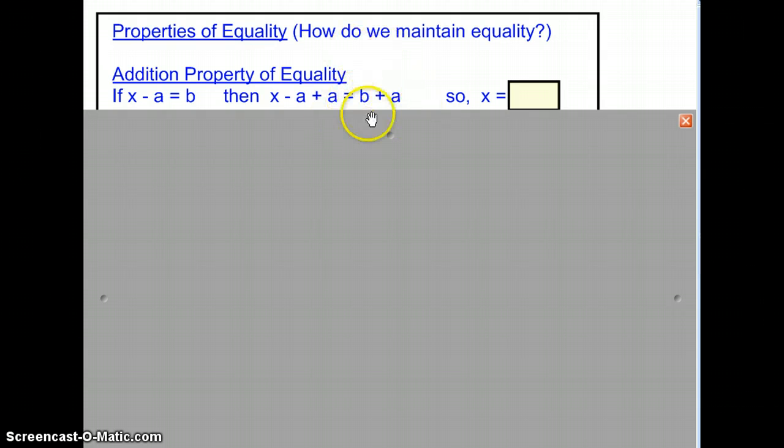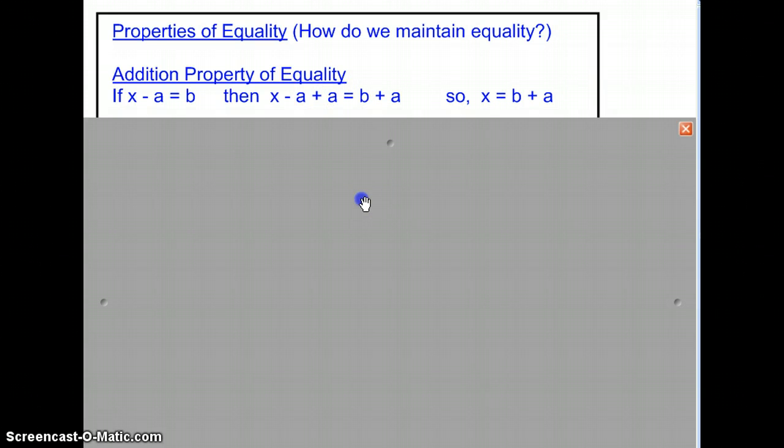Is there a way to change or simplify b plus a? No, I mean, we don't know what they are, right? So we're going to have to leave it b plus a. Okay. So when we look at the original equation, x minus a equals b, an equivalent equation would be x equals b plus a, right? And that's because we added a to both sides.